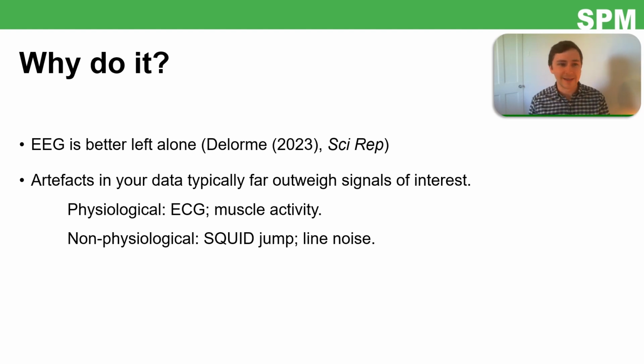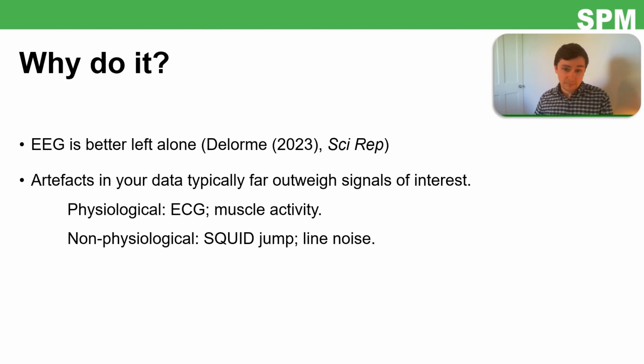These might be physiological, so that would be signals arising from other parts of the body. It's not just the brain that produces electrophysiological signals. Unfortunately, there's the heart, so ECG or EKG, and there's also muscle activity. Muscles from the neck in particular are a problem in EEG data sets.